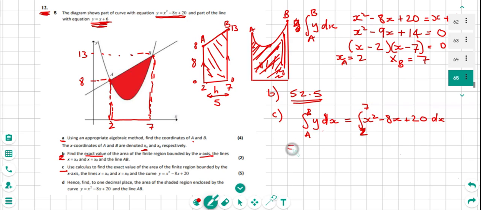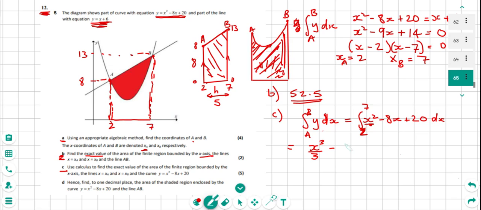So if we do that integration, then what we're always going to do for x to a power is raise the value of the power by 1 and then divide by the new power. So if I raise the 2 by 1, it's now going to become x cubed. But now we're going to divide by the new power as well. So it's going to be x cubed over 3.